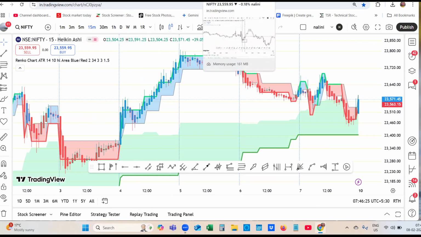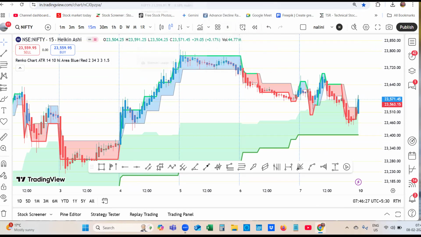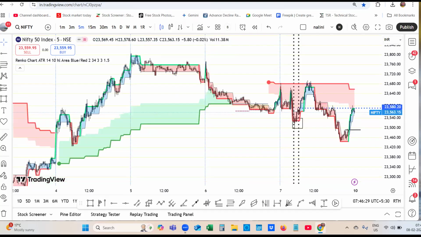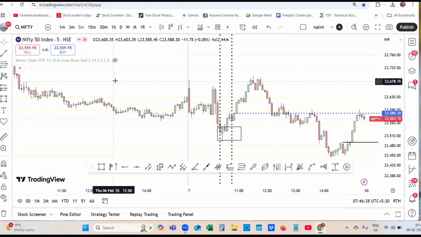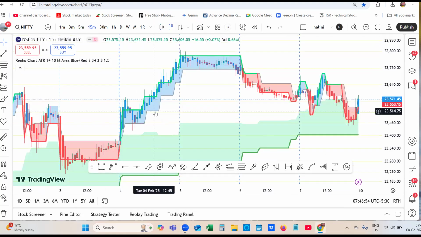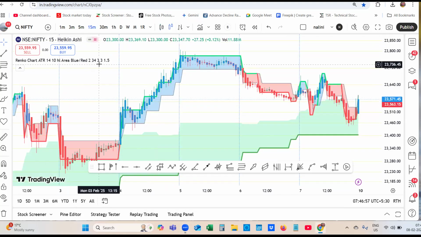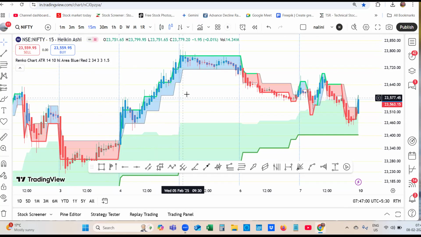I had taken two charts, a normal chart and a Renko chart. I think there are too many, so let me close this. I'm on the Nifty chart. Let me show you how the Renko chart works and how you can trade better.